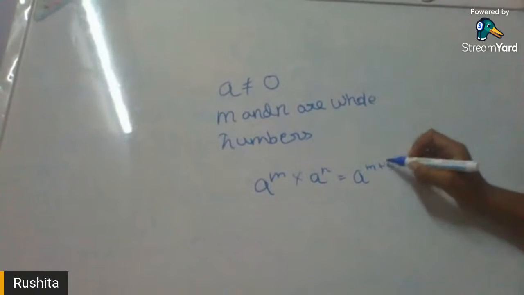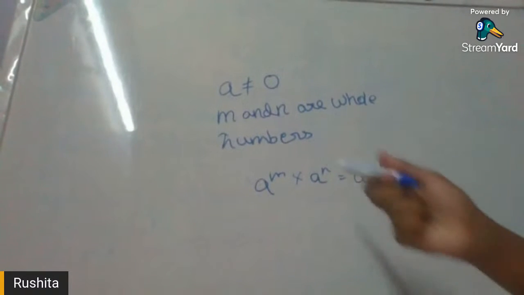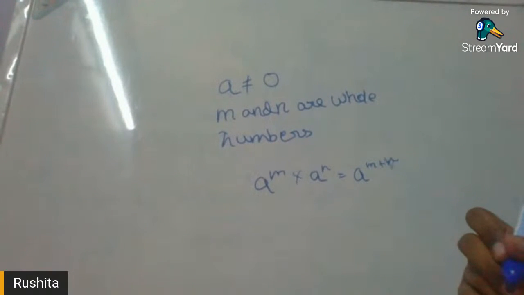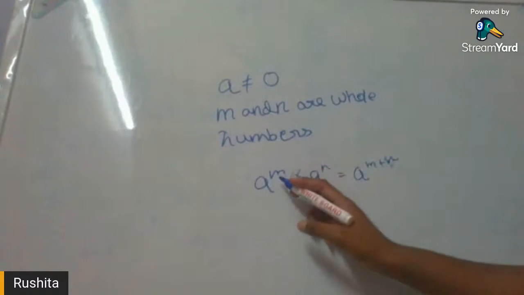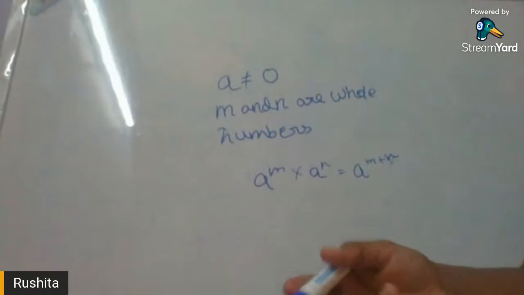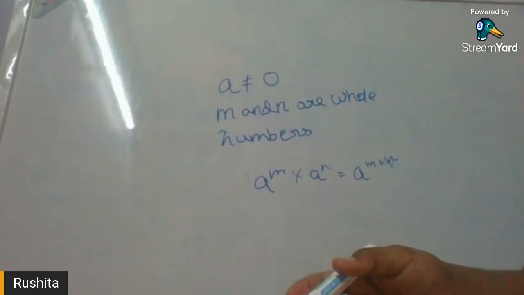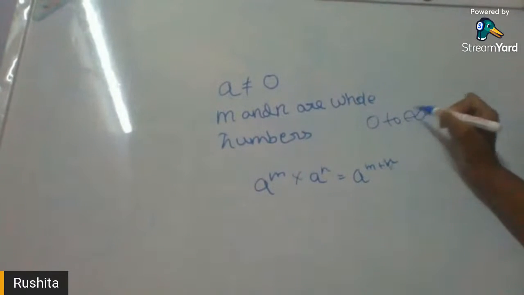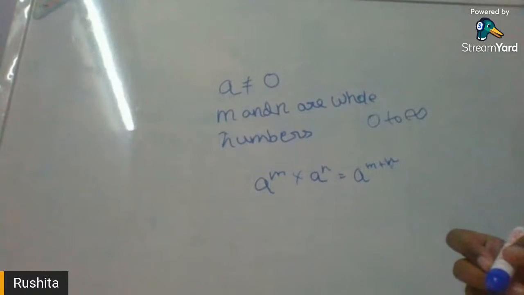Now what are they saying? a is not 0 and m and n are whole numbers. You know what whole numbers are, right? 0 to infinity are whole numbers.